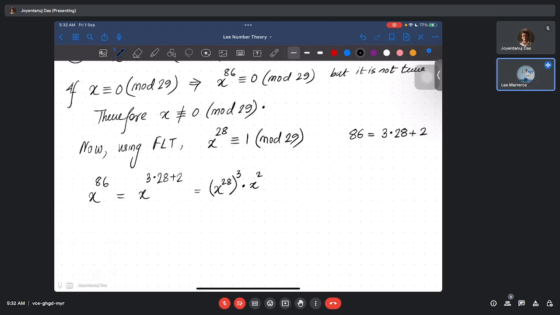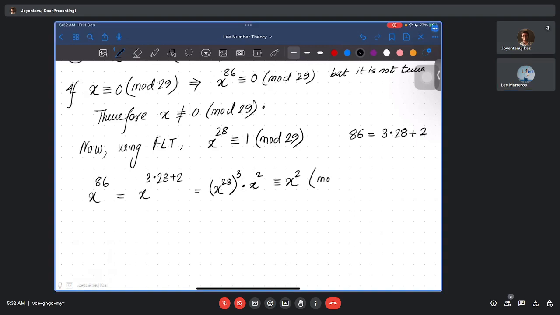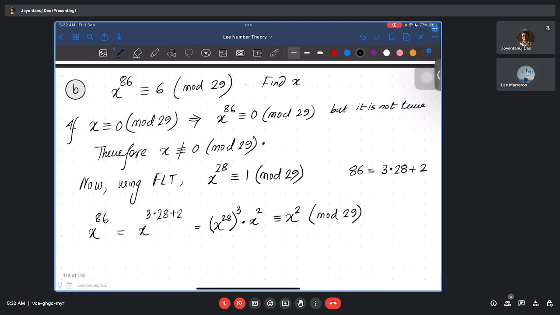Then we simplify. This is x square in modulo 29, because x power 28 is 1. So what we have is x square congruent to 6 mod 29.